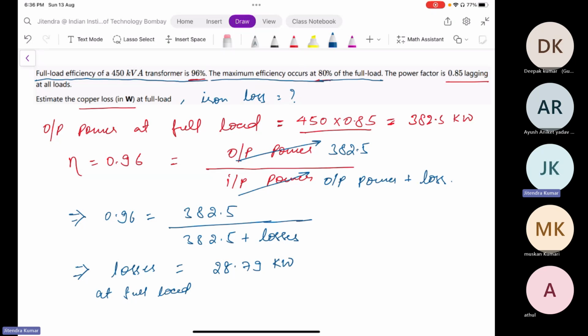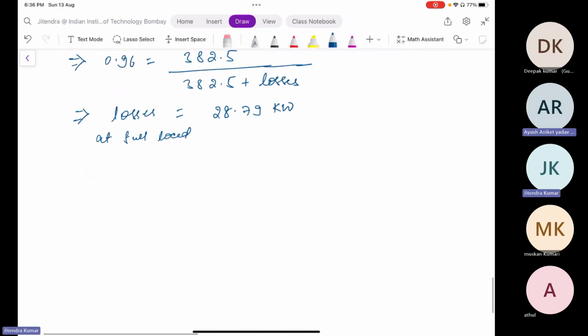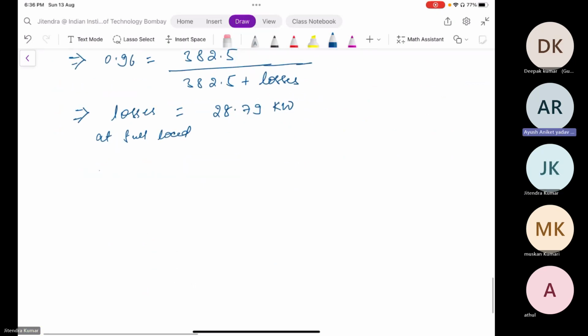And when does maximum efficiency occur? Sir, the condition is x is equal to under root P core upon P copper loss. Sorry, P iron upon P copper loss. Here x is equal to 0.8. Am I right? Yeah, exactly, sir.